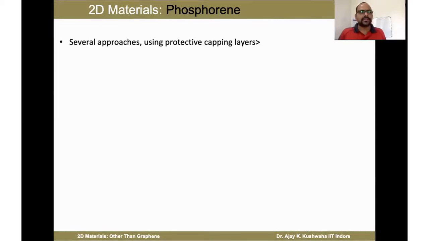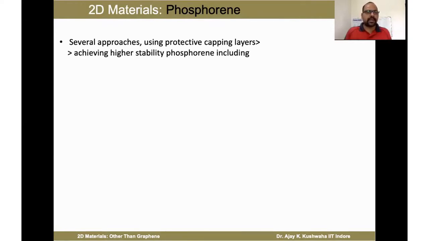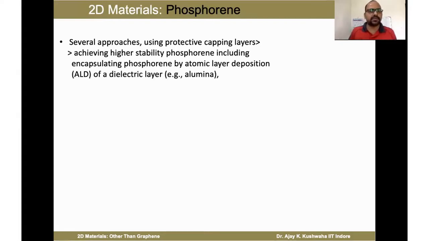To tackle this problem, a protective coating or capping layer has been proposed, which demonstrates slightly better stability. Here, basically, atomic layer deposition of a material which should not easily go for oxidation or reaction is used as the capping agent, such as an ALD coated dielectric layer of alumina.